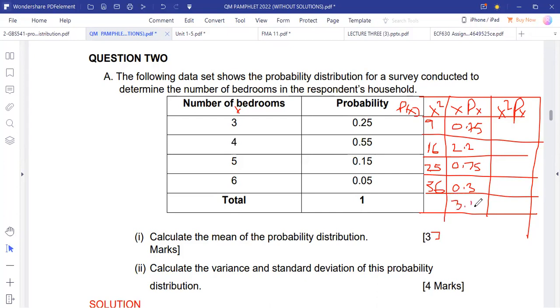Okay, so that is our mean. That is how we find the mean. We simply multiply it by that. So our mean is 3.4. Do we agree? Yes. The next team, how do we find the variance?